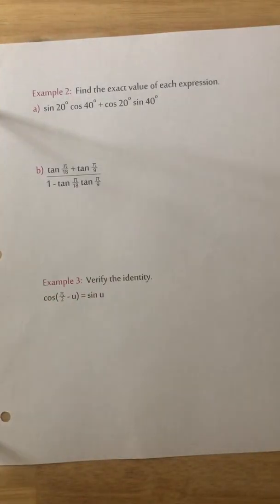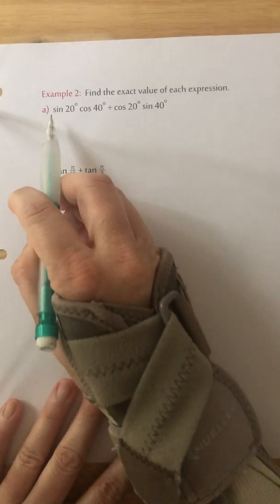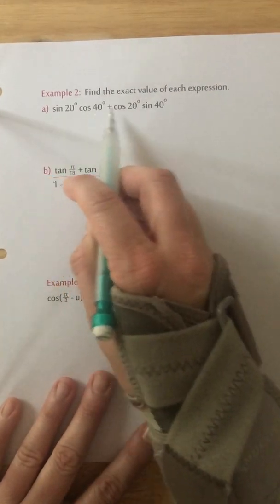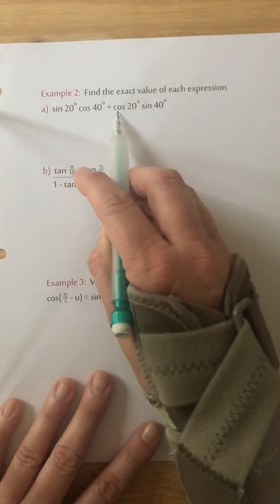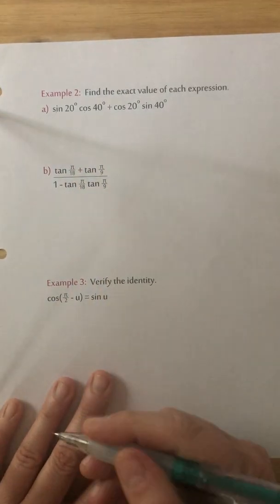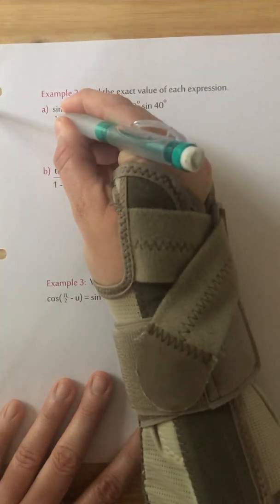All right, moving on to example number 2. It says find the exact value of each expression. So I'm looking at letter A, and it has 20 degrees and 40 degrees, and neither of those are numbers that are on our unit circle. So this one's got sine, cosine, cosine, sine. That's the South Carolina is a cool state. That is the sine formula.